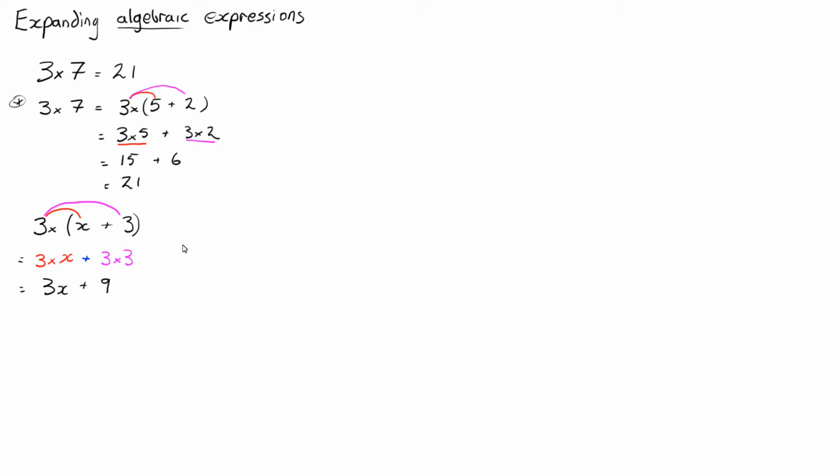So this method is what we call the distributive law. Essentially we multiply whatever is outside the brackets by every number inside the brackets. So let's have a look at another example. Let's say I've got 5 times x plus 4.